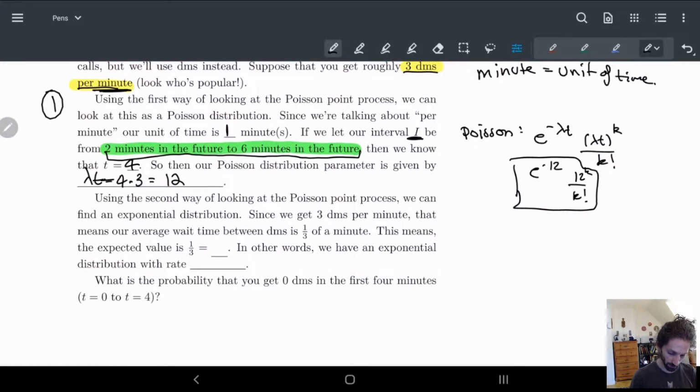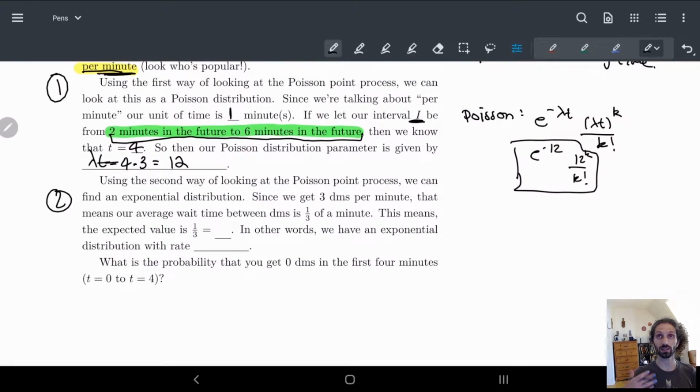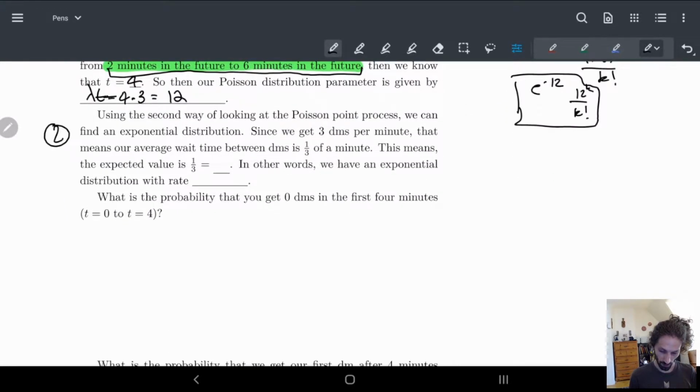Now the second way of looking at this is using the exponential distribution. In this case, we know that we get 3 DMs per minute. So in other words, we get a DM roughly every 1/3 of a minute. This means our expected value is 1/3. We get a DM every 1/3 of a minute.